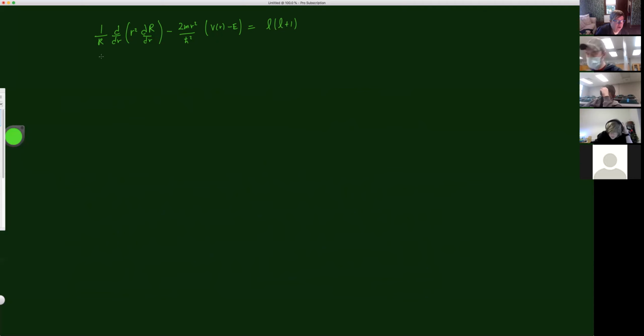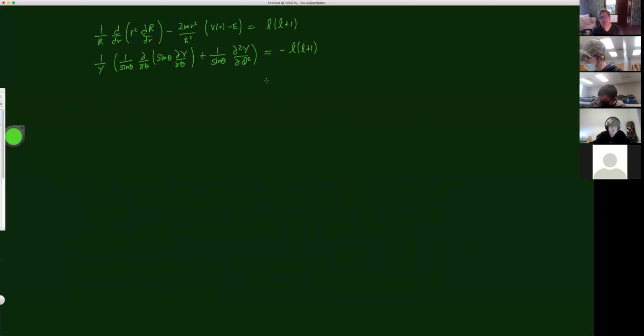So we're going to say 1 over Y, 1 over sine theta, partial theta, sine theta partial Y partial theta, plus 1 over sine squared theta, partial squared Y partial phi squared. And this is going to be equal to the negative of that constant. Same constant, negative of the constant.